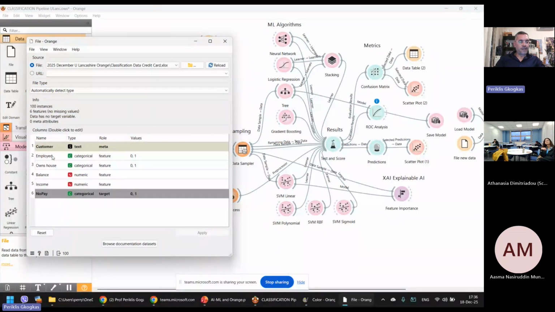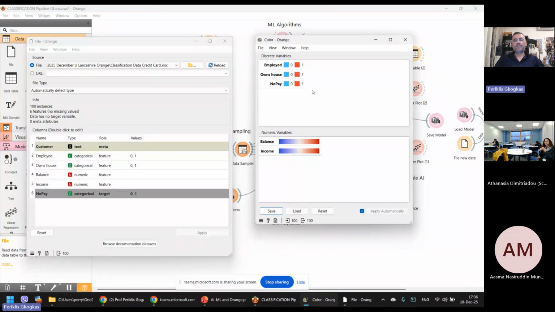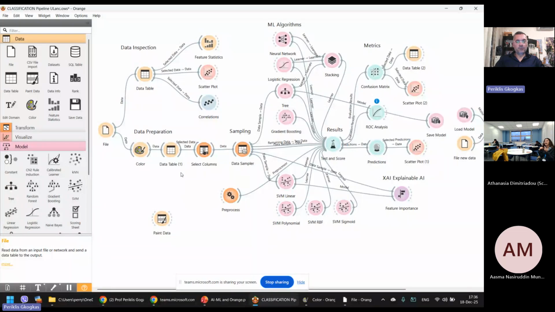So these two variables, employed or owns a house, are categorical variables. 1 means the person is employed, 0 is unemployed. Owns a house, 1, they own a house, 0, they do not own a house. So depending on the type of variable you have, either discrete variables, this categorical, we have 2 categorical variables and 2 continuous variables, numerical variables, Orange paints the data, so it is easier to identify patterns. You're going to see that it is always nice to use the colors for illustrations.